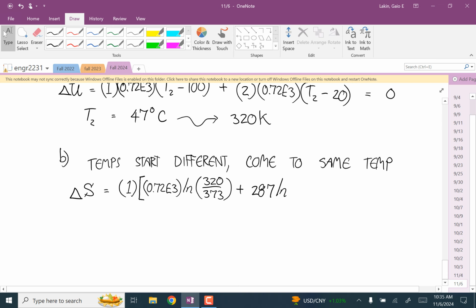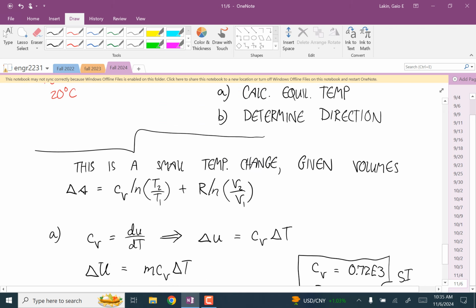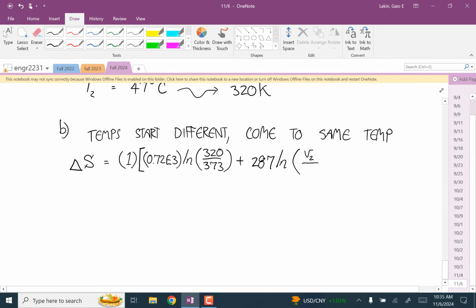Intensive is the one that doesn't include the mass; extensive is the one that includes the mass. Okay, so this is going to be V2 over the starting specific volume, which I'll just write as V1 to start with.